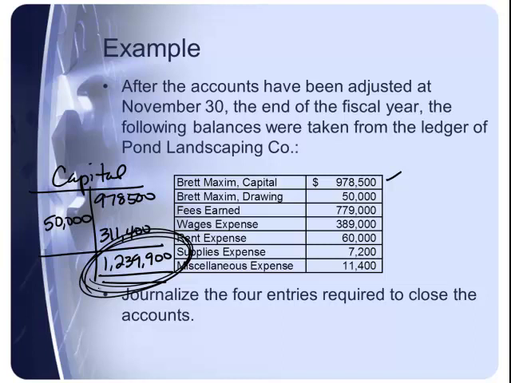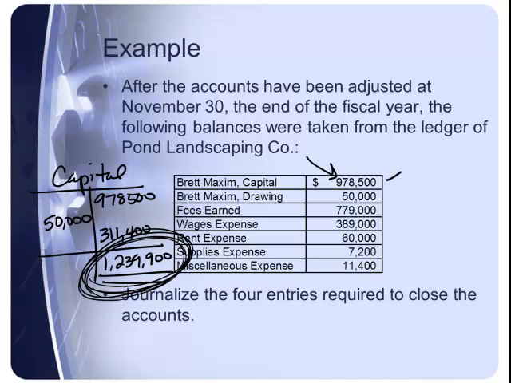If you think to the statement of owner's equity, we started out with $978,500. Then we would have added net income, subtracted drawing, added any additional investments, which we don't know of any, and we would have gotten this number here. That would have flowed through to the balance sheet. So what we're doing now is updating this account to make sure that it agrees with what we reported on the balance sheet.